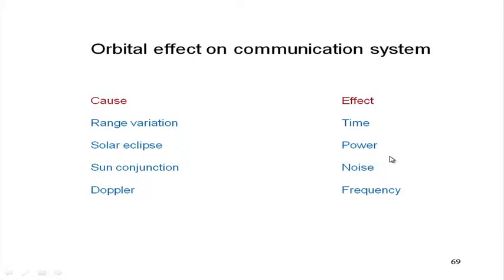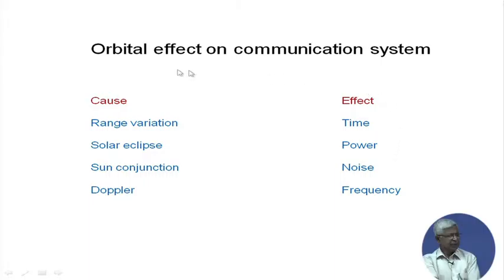That is in GSO, though it is not much affecting, because very few communications take place at a very high bit rate. But for low Earth orbit satellites, this is important because the Doppler has some effect. Of course, it depends on the frequency. You should be able to do some calculation based on different frequency and different orbital height. In the textbooks, like Pratt, some calculations are given. So these are very briefly some of the orbital effects on the communication system.